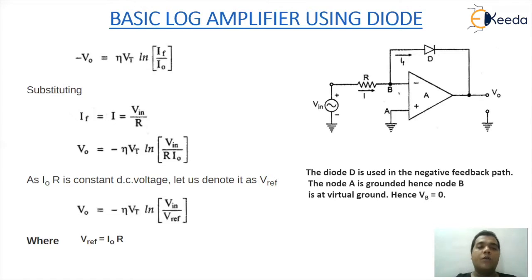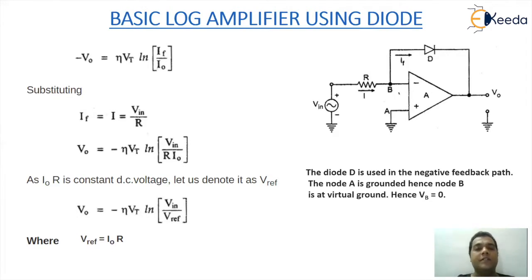First of all, what we need to understand here is the expression of the diode current. If IF is the current for the diode and VF is the voltage of the diode, then we have a standard relation IF is equal to I naught e raised to VF by nu times VT. This is a standard equation for diode forward bias current, where we are also approximating the current equation.